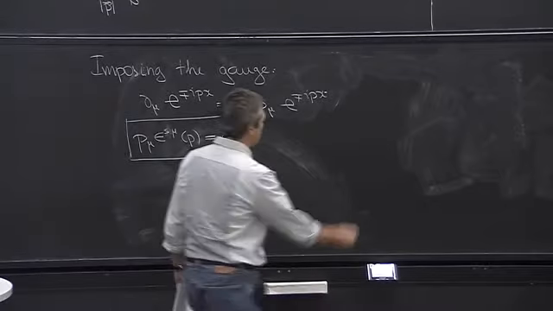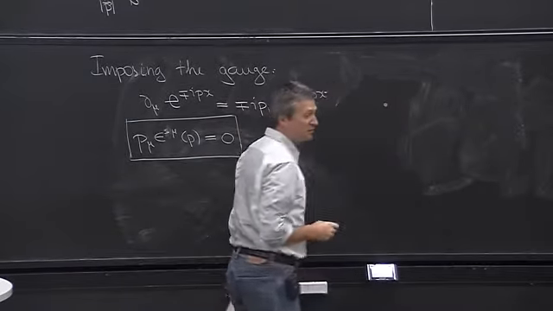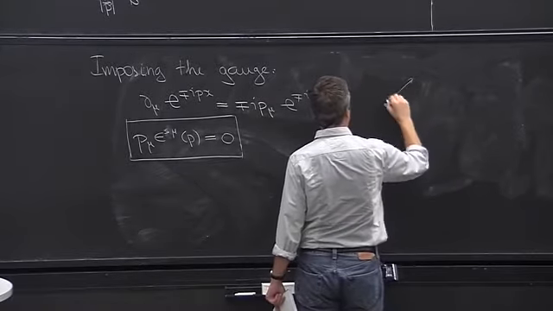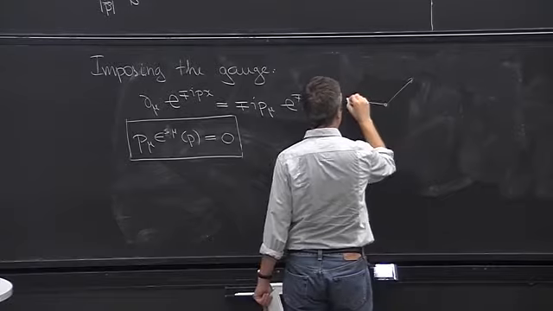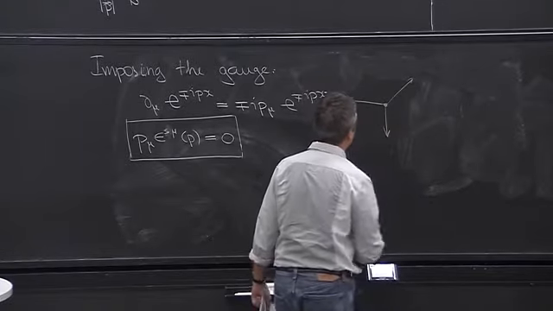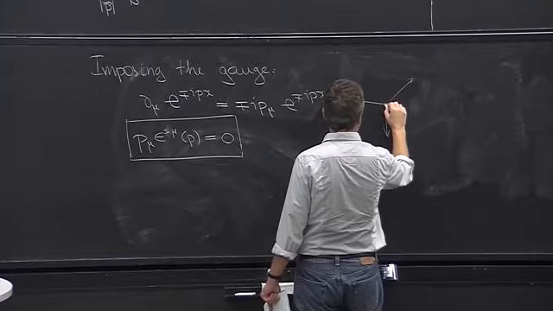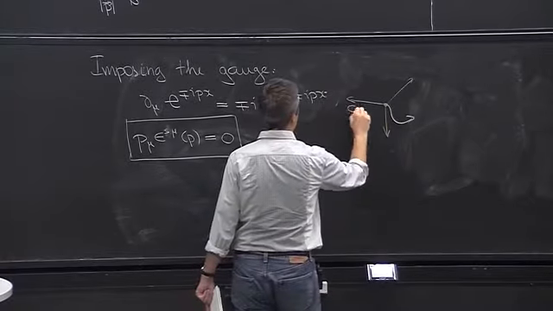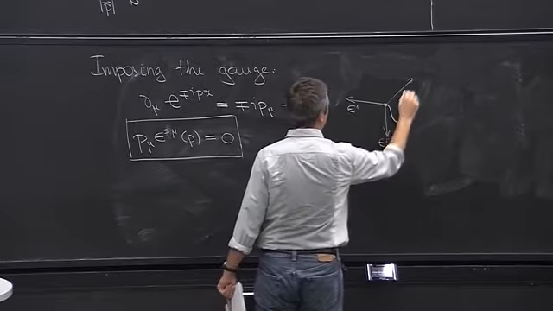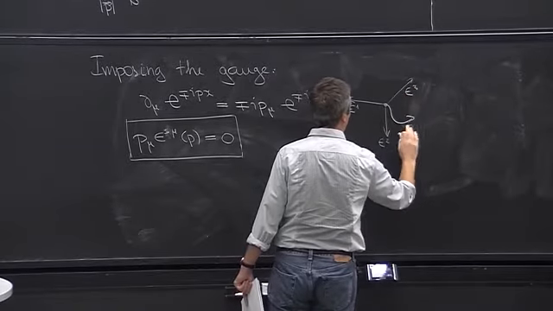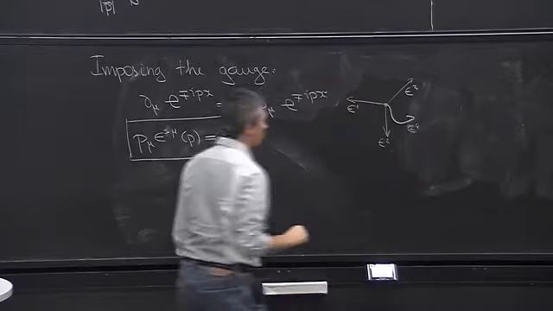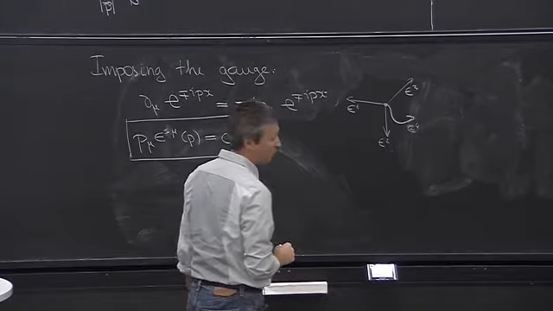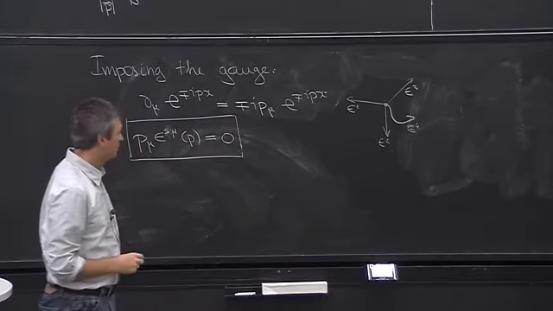So what we have is that at each point, suppose that p is fixed. Then we choose some basis of 4 vectors, epsilon 1, epsilon 2, epsilon 3, and epsilon 4. They have to form a complete basis at each point.